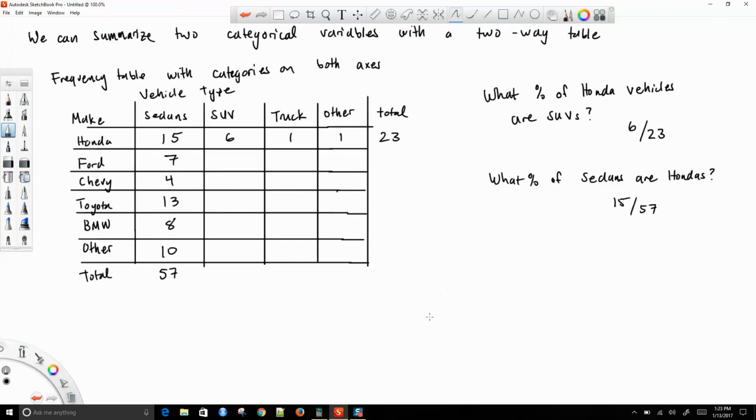Okay, and I don't know how many total vehicles we have. I don't feel like filling out all of these numbers, but let's say we had a total of 180 cars here. One more question could be, what percentage of the vehicles are Hondas and sedans?